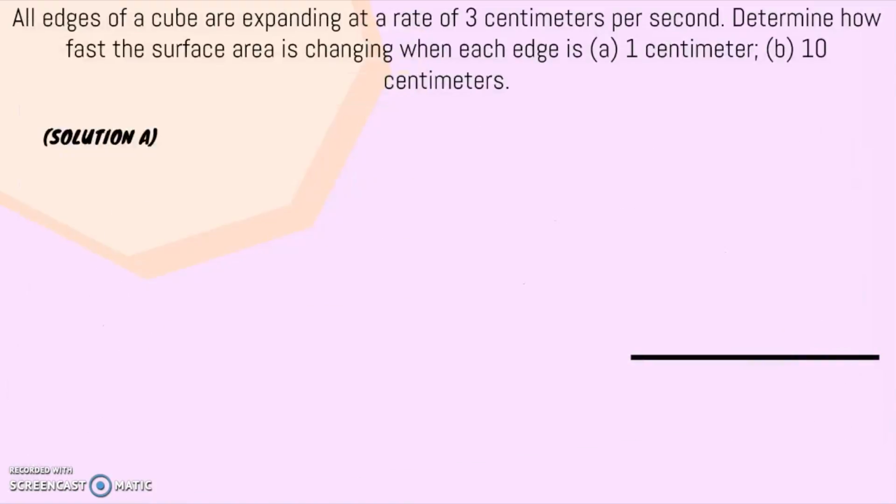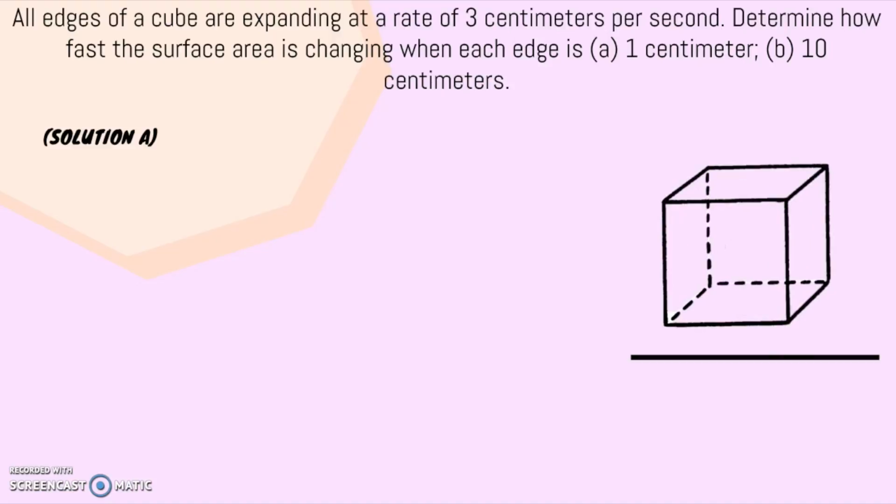Okay, so to start with, my problem is a related rates problem dealing with a cube. To solve this problem, we first draw a cube to help us visualize, and then assign the edges as x. The problem says all edges of a cube are expanding at a rate of 3 centimeters per second.